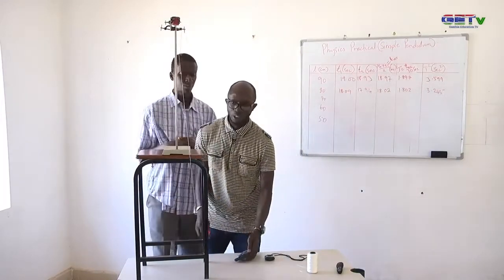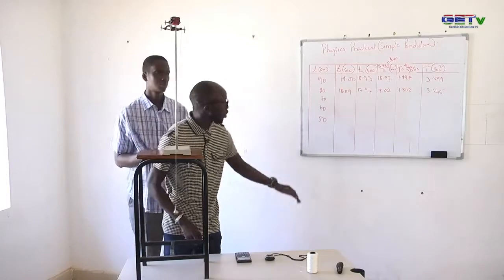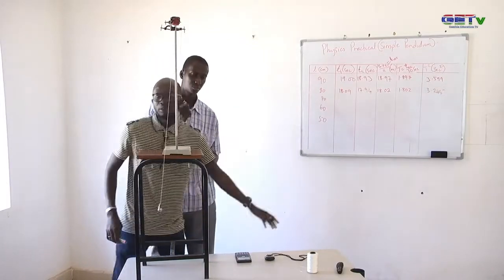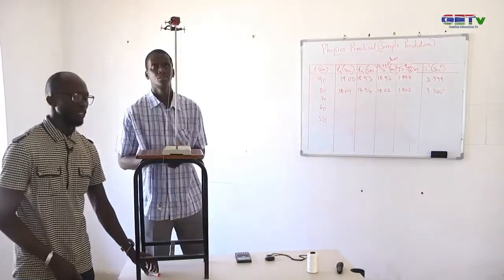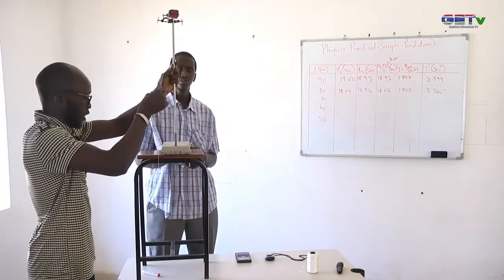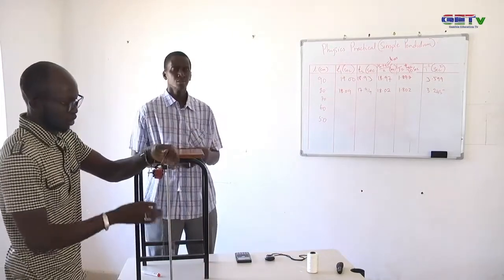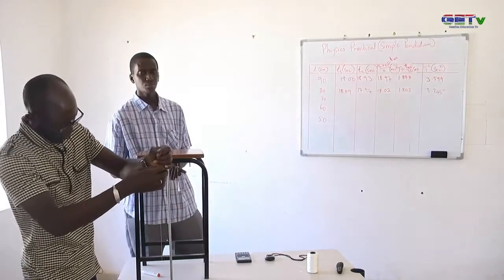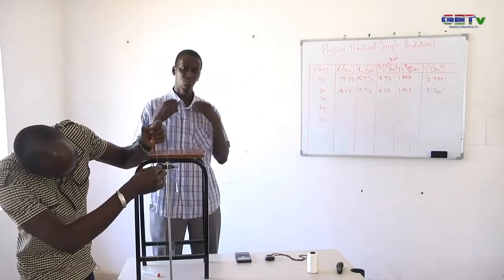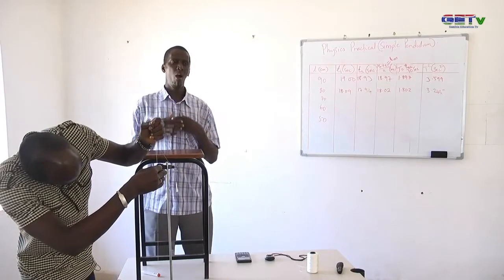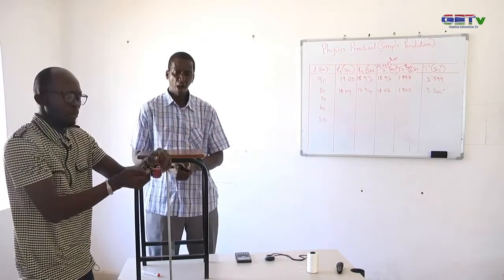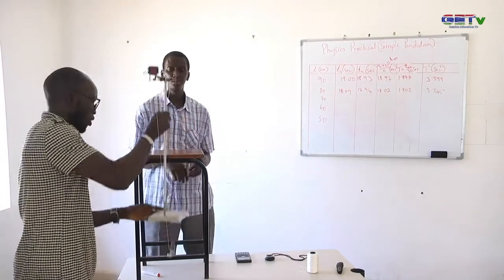So now we will go to 70, and at 70 we will just do like we did with 80. We will remove it and adjust it quick. We'll bring it down, adjust it to 70. It's 70 here, and we will tie that too, and we will place it back.